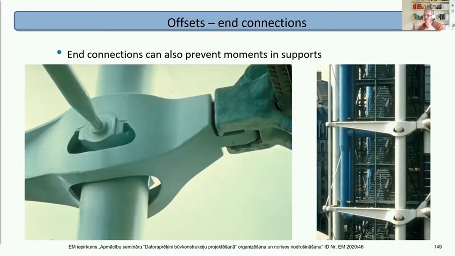I mean, this is obviously the Pompidou Center in Paris, ARAP project from 1970s. And the reason for these gerberettes is to avoid inducing moments in these columns, keep these columns as slender as possible.